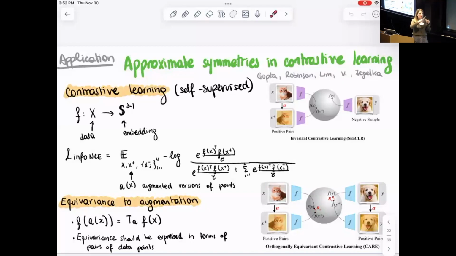So all the augmented versions of the cat go to the same point on the sphere. The contrastive part comes from the fact that if I have another object like a dog, then the embedding needs to learn something that separates cats from dogs. And there's this InfoNCE loss, which is the loss people use to learn these embeddings.